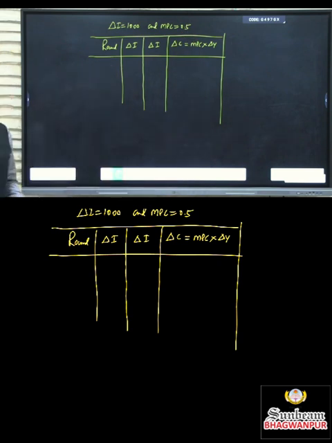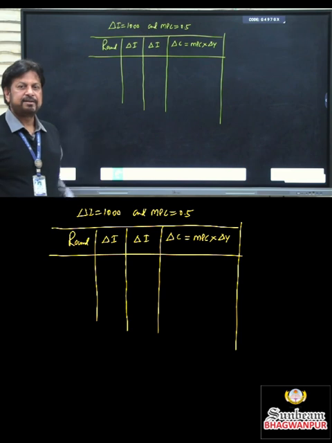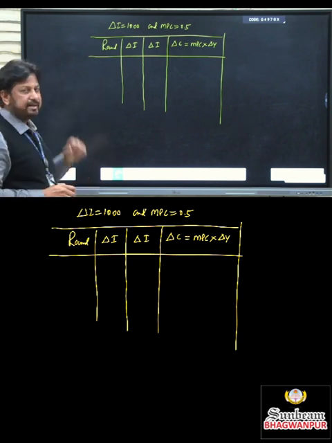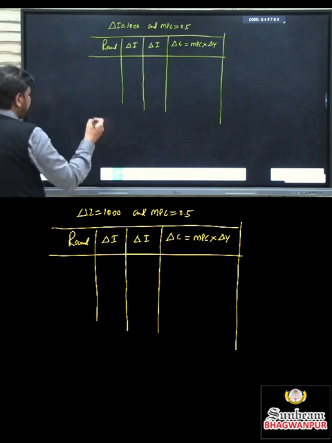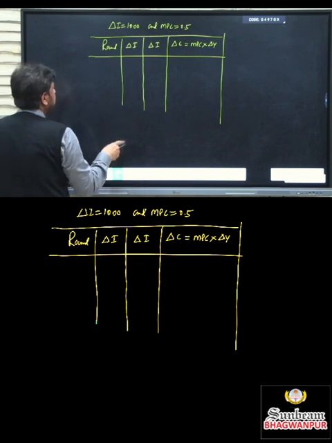Let us assume that in the economy investment is rising by 100 and MPC is 0.5. So what will happen in the first round?